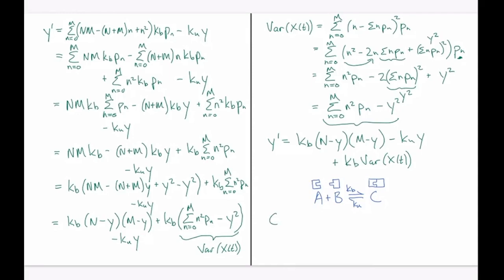Usually people write C prime, for the concentration of complexes C, is equal to Kb times the concentration of A's times the concentration of B's, minus the unbinding rate multiplied by C. In other words, the forward rate is the product of the concentrations. And the backward rate is just like we had for radioactive decay, or in this case, protein breaking apart. So you get something proportional to the concentration C.